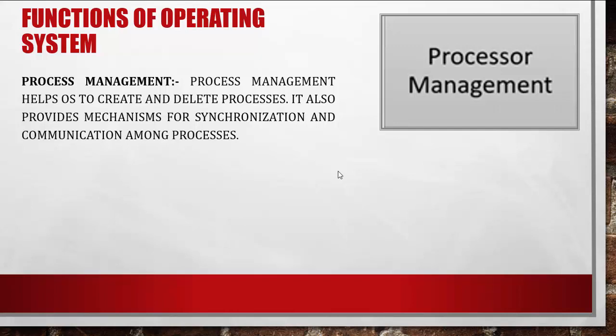Say for example, if you are just typing a paragraph in your Microsoft Word, and at the same time you want to allow another process, say for example spelling checking or grammar checking, so these two processes are in communication with each other, and that communication between these processes is handled by processor management.